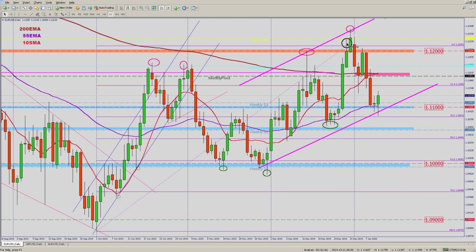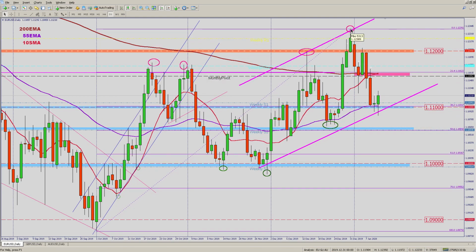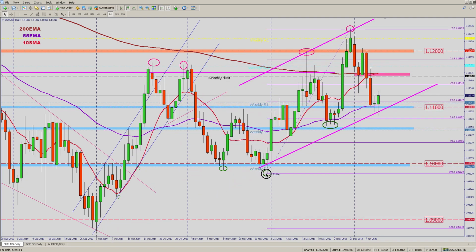We can also probably move this Fibonacci to cover this whole range, and perhaps take it from the swing low of a couple of months ago at the end of November, to the recent swing high at the end of December.